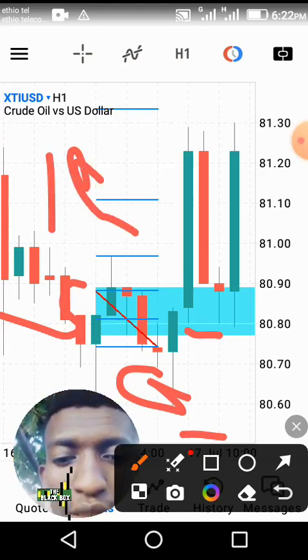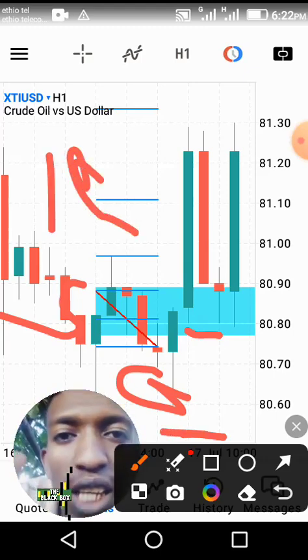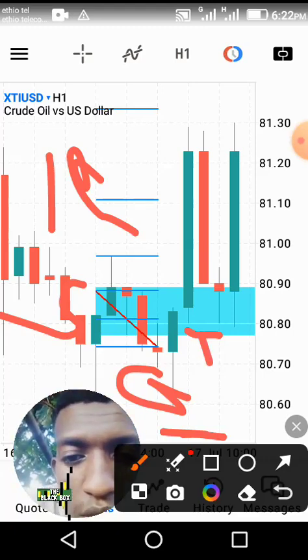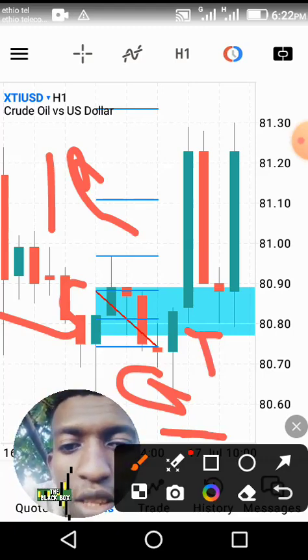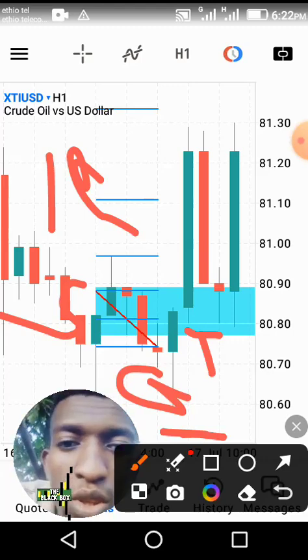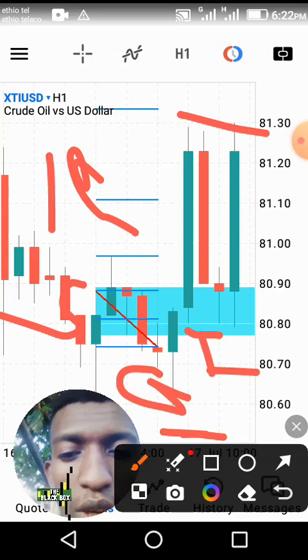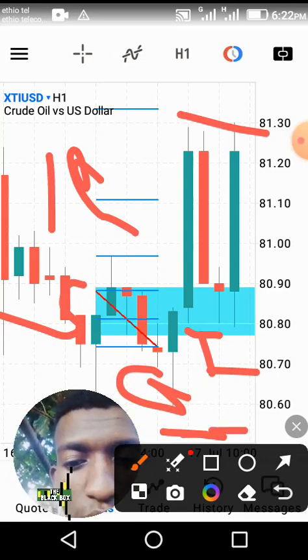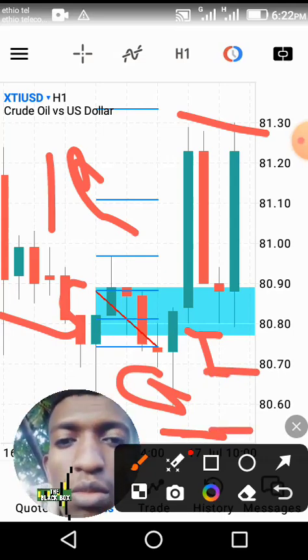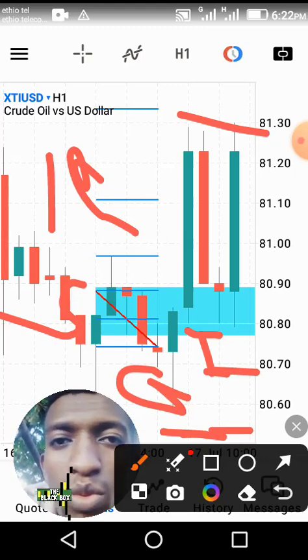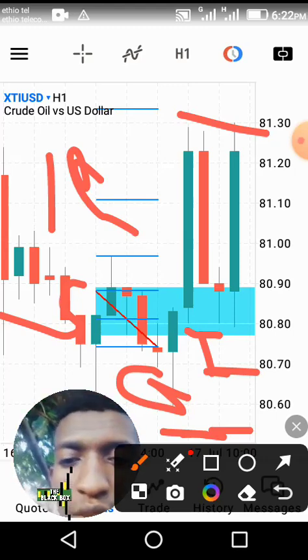Why? Because your stop loss will be tight. If the price comes down here, your stop loss is tight and your reward will be huge. Your reward will be from here to there, and your stop loss is from here to here. It could be 1 to 3, it could be 1 to 4. The risk to reward.